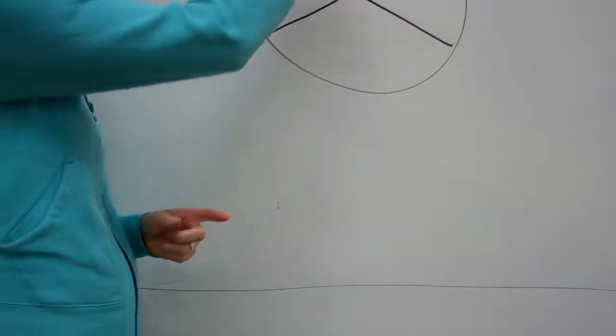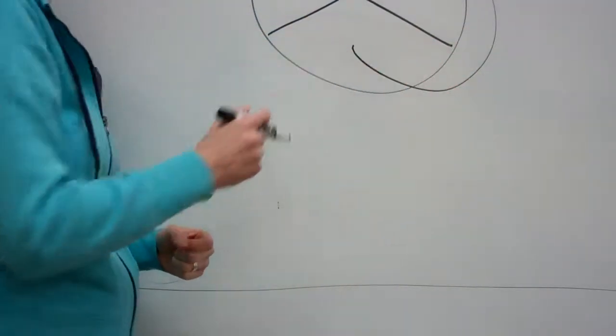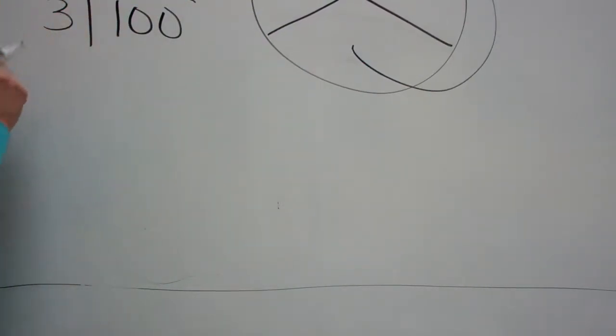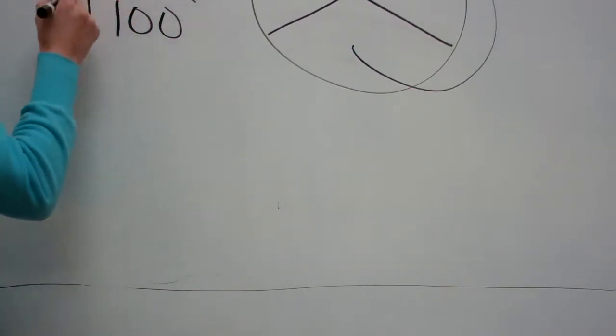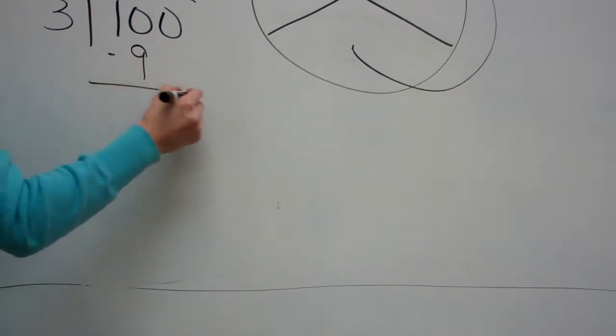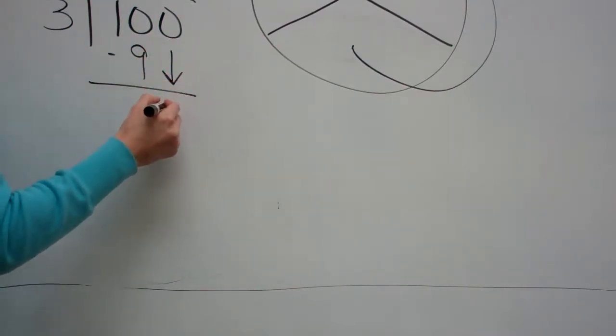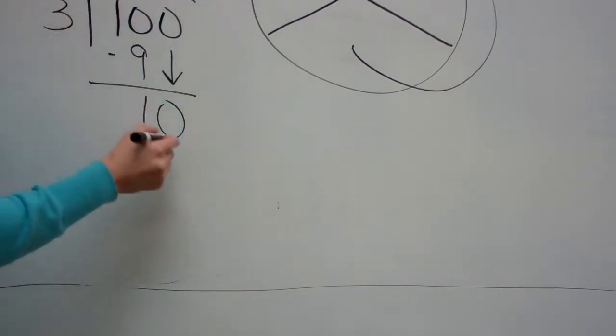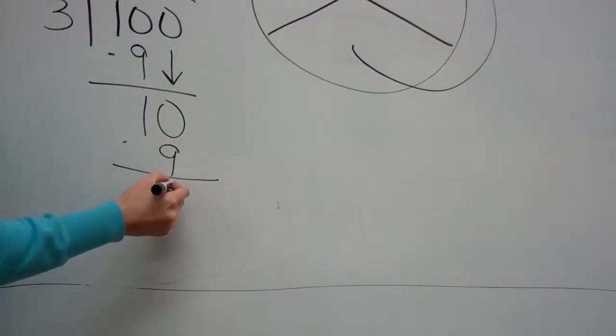100 divided into 3 pieces, right? So watch this, 100 divided by 3. Tell me how to do it. Sarah Kate. 3 goes into 10 3 times. Very good. Then you subtract the 9 and you get a 1. Bring down the 0. Then you're going to put 3 again, and then you're going to put a 9. Subtract that and you get a 1.